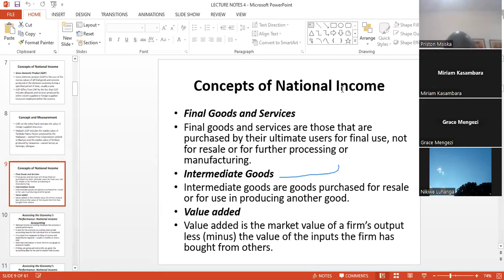So you have the addition from seed to wheat, and then what has been added to make it flour, and then what has been added to flour to make the bread. That's what we call the value added way of counting. So either you go for the final product, which is bread, forget about the rest, forget about the wheat, or you do value addition. The answer should be the same at the end of the day.